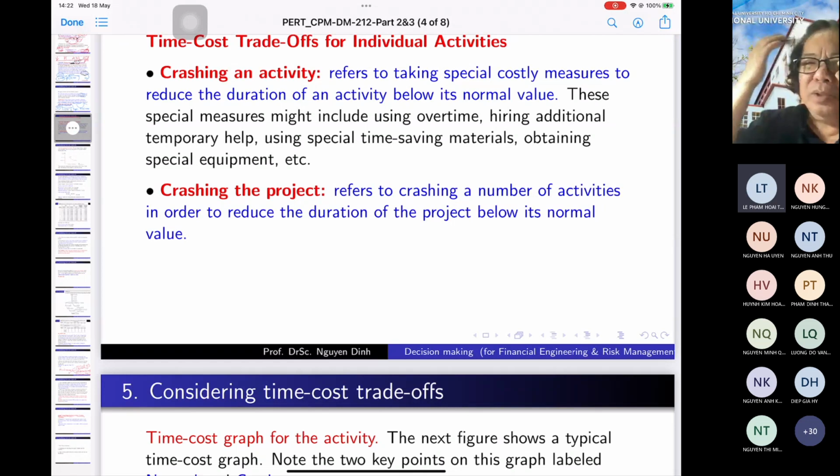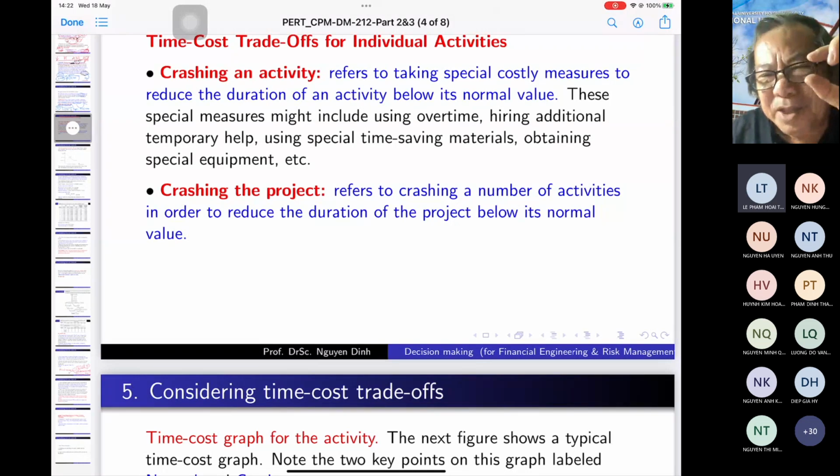For example, $100,000 for 2 weeks. Is that okay? But sometimes we don't want to reduce it because it is very expensive. I can reduce 1 week at this activity, and at another activity, if it's cheaper, I reduce 1 week. 1 week there, 1 week here, or something like this.